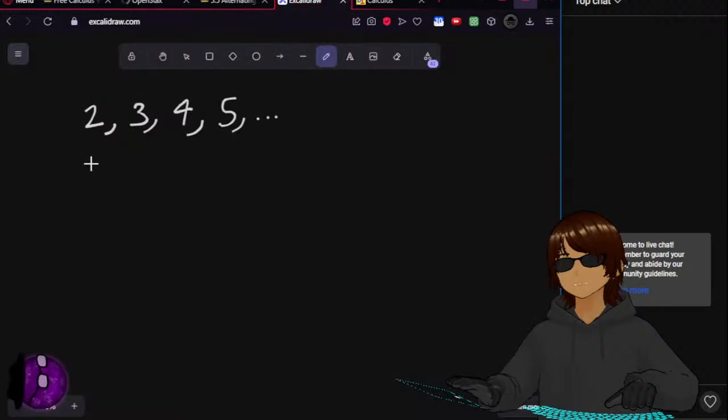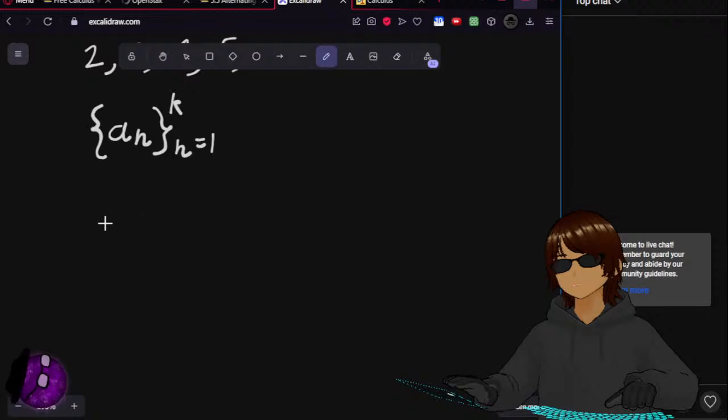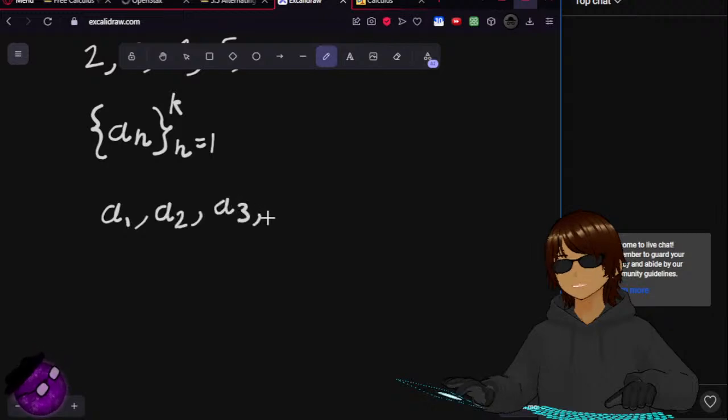So also it can be written like this. This is term A1, term A2, term A3, all the way till AK.